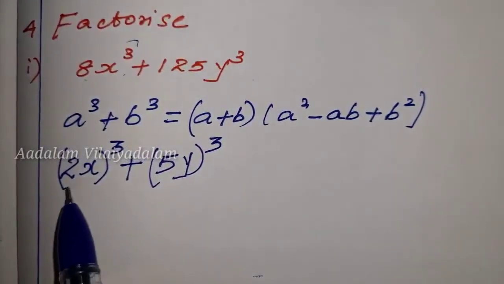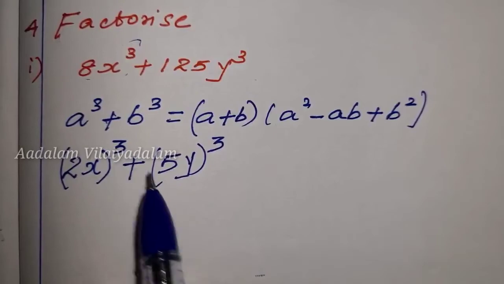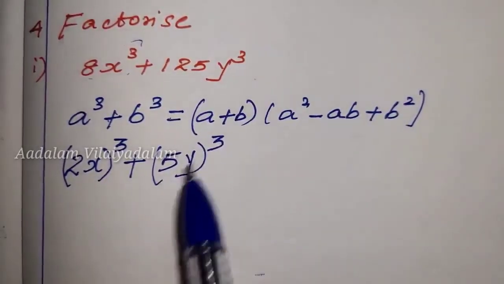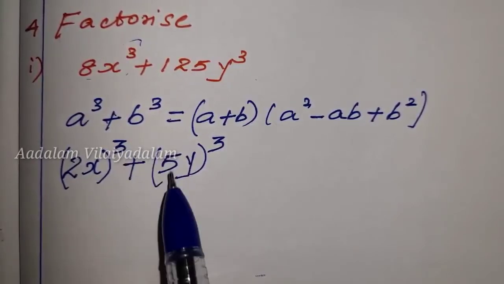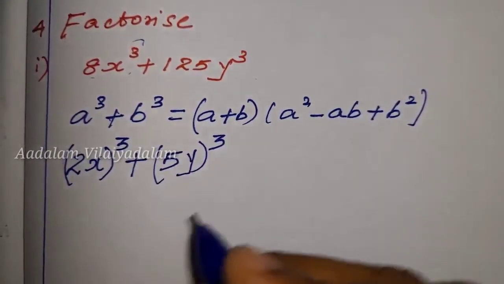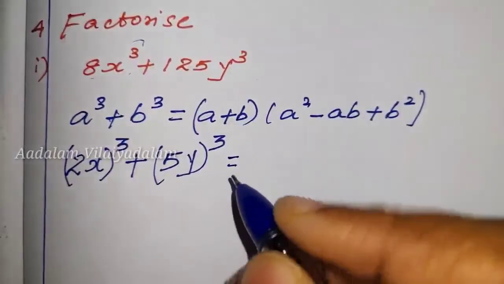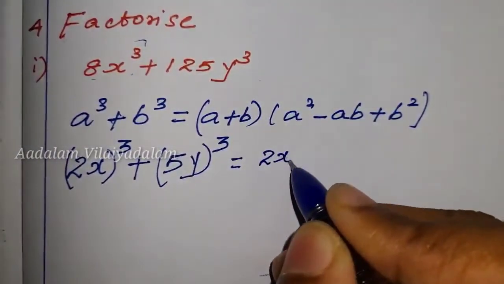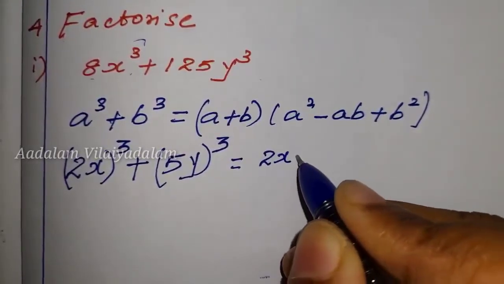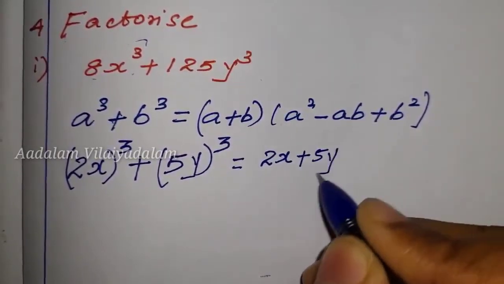Now this is the format of a cube plus b cube. Here the a value is 2x, b value is 5y. Now substitute a equal to 2x, b is 5y, so 2x plus 5y.